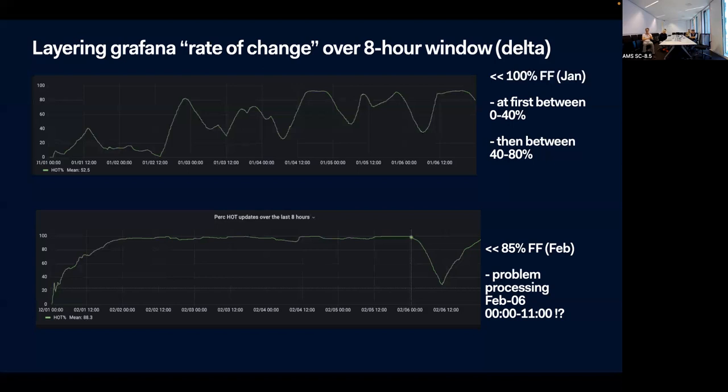And there you get this problem: it starts falling off around midnight, and drops very, very sharply until it gets to only 20% hot updates by 11, and then it bounces back. What we believe is that there's a long-running transaction.